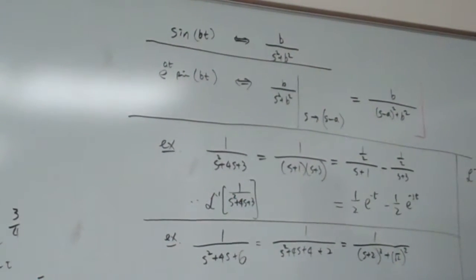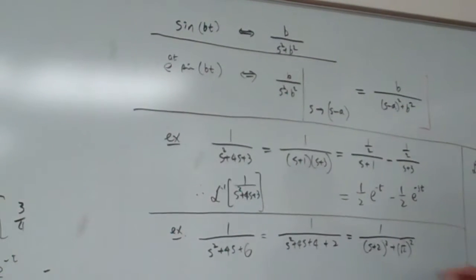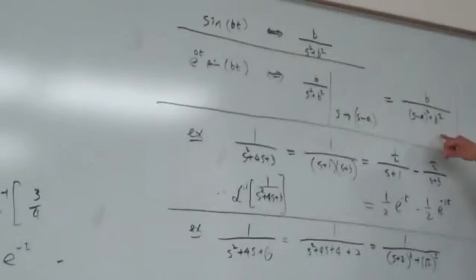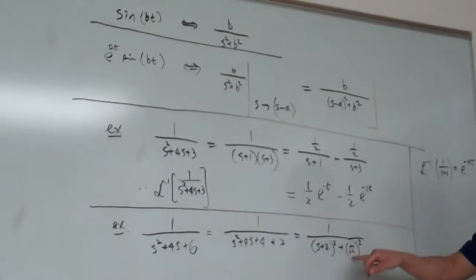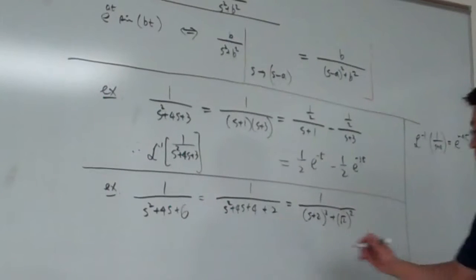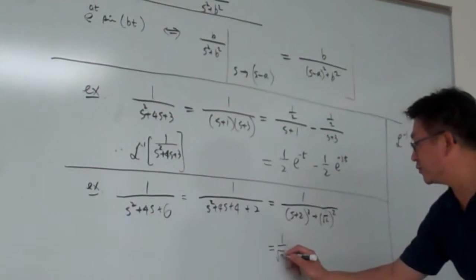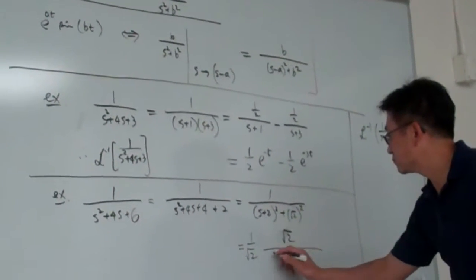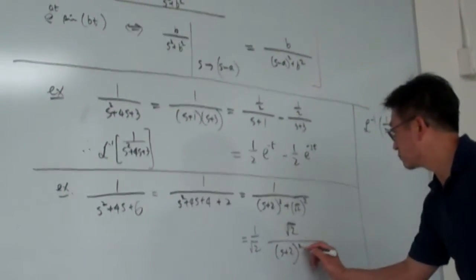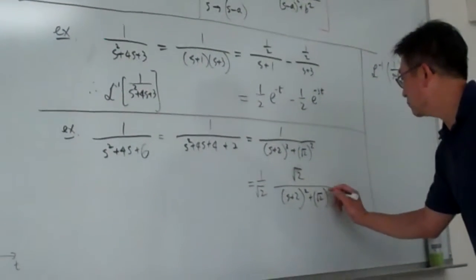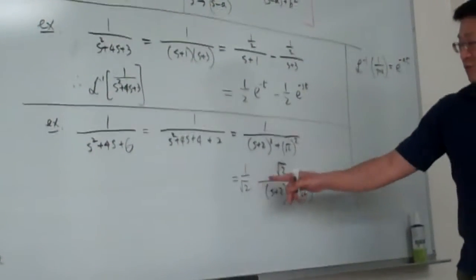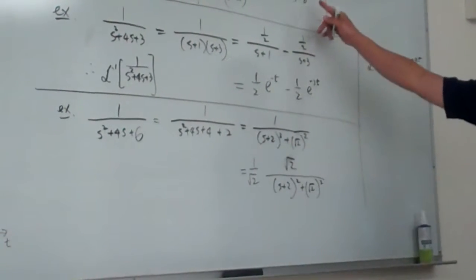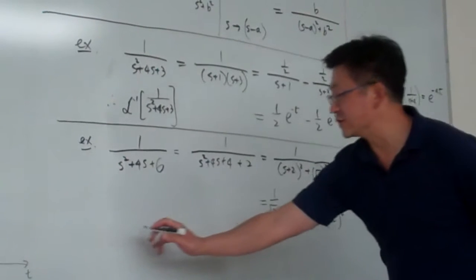So maybe we can rewrite it. For this term, you can see the b here, so you have to rewrite the numerator with a square root of 2. How can we do it? You simply multiply by square root of 2 divided by square root of 2, pre-multiply and divide. That's it.